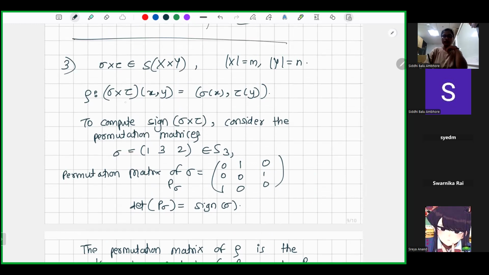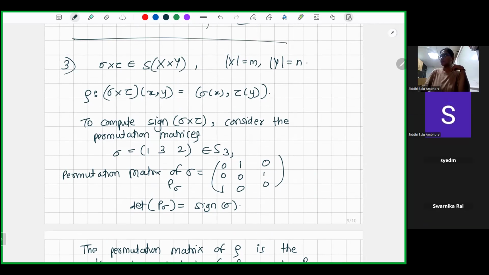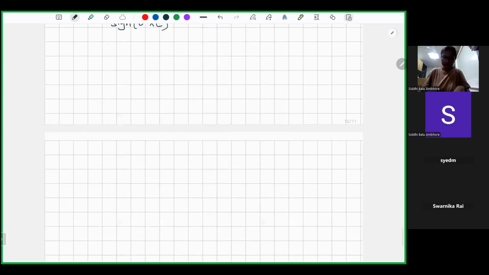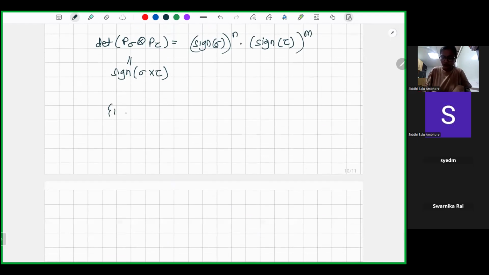Is there any problem? I hope you understood what this means, okay? So for example, if I take a set like this, X is 1, 2, 3 and my Y is a, b, suppose.